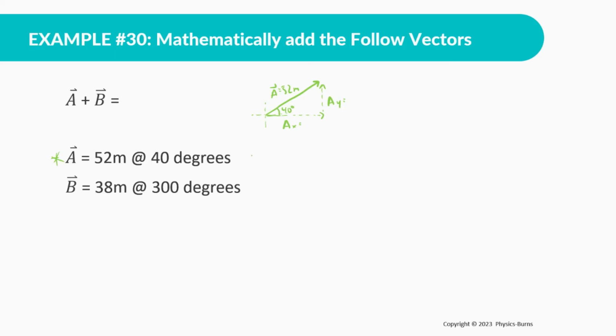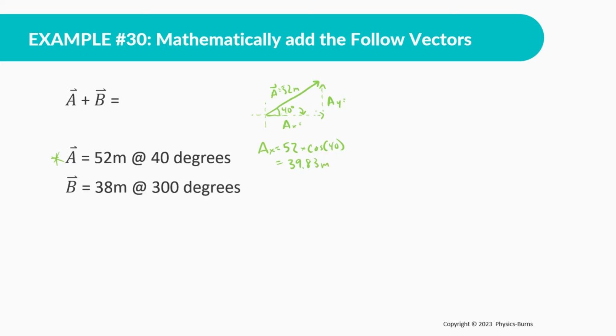All right, so I'm finding the a sub x first. And again, this is the adjacent side, so I know that's just going to be 52 times cosine of 40. So let's see, 52 times cosine of 40, and that's going to be 39.83 meters.